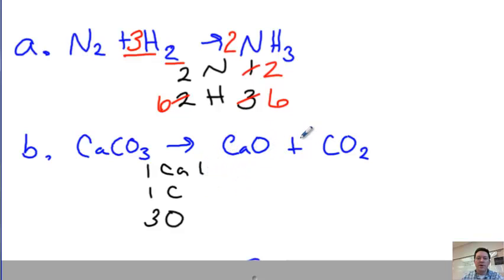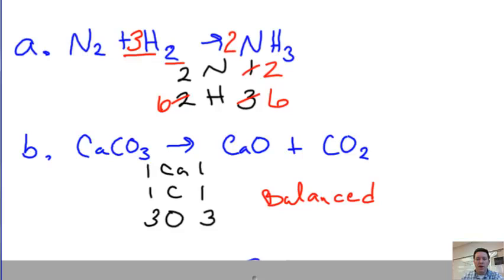We've got an oxygen here. There's a plus sign. There's more oxygen on this other substance. So I need to add those together. So 2 and 1 is 3 oxygen. And then I have 1 carbon. So if we look at this, we've got 1 of each calcium, 1 of each carbon, and 3 oxygens. So we're good. We're balanced.